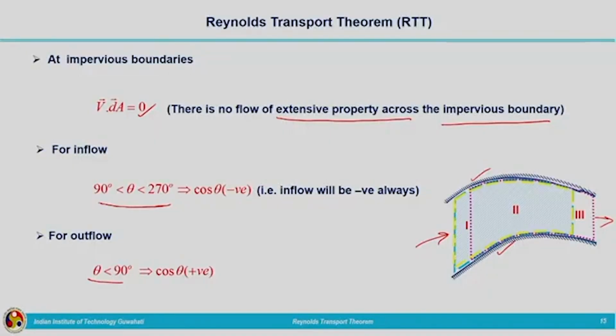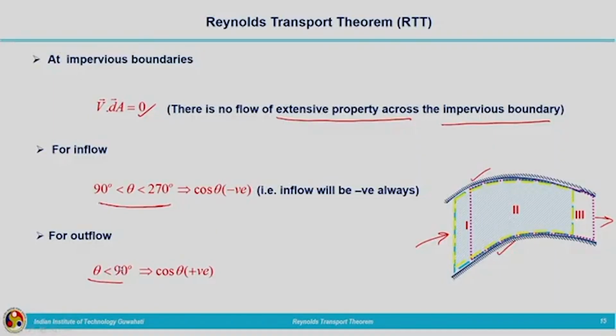In that case, when we consider the area vector, it will always point in the outward normal direction, while the flow is from upstream to downstream. So, for the inflow region the angle will be between 90 and 270, and for the outflow region it will be less than 90. According to the angle for a particular problem, that term will be positive or negative.